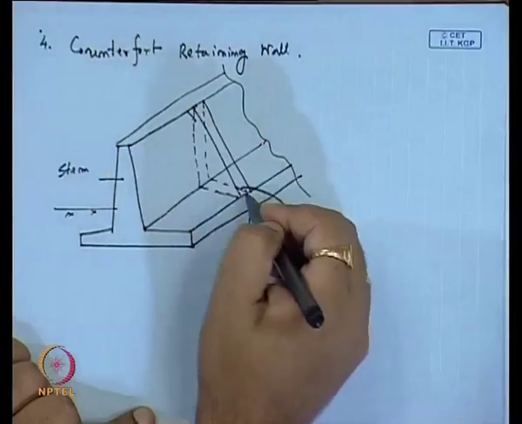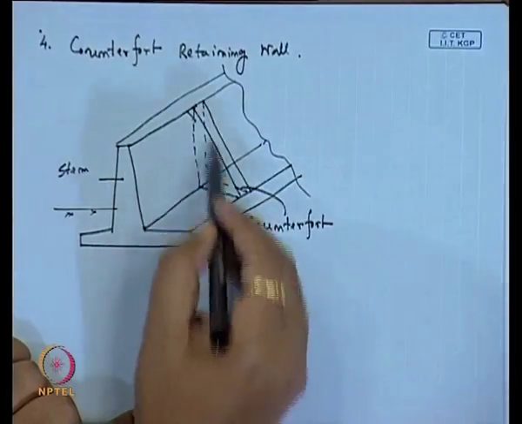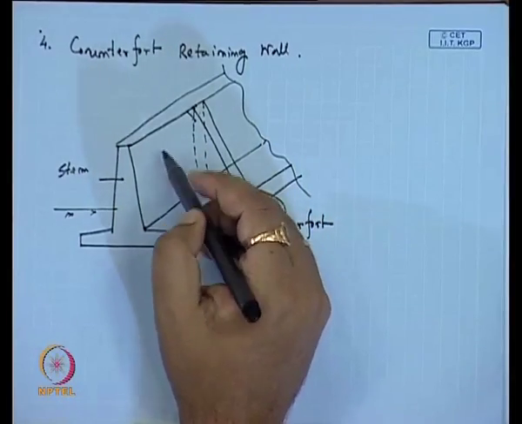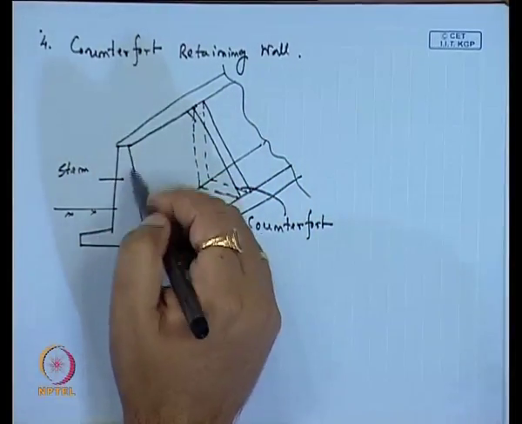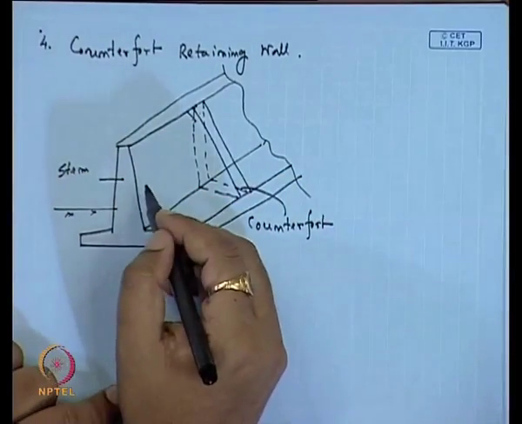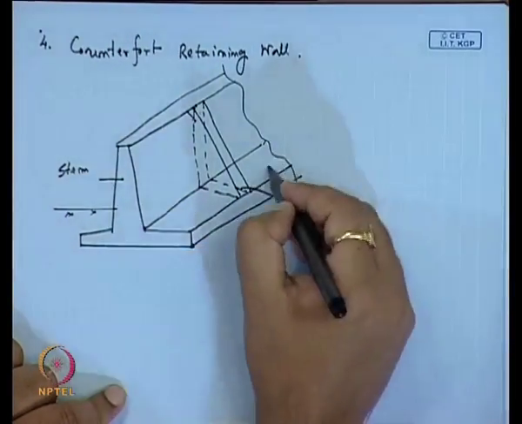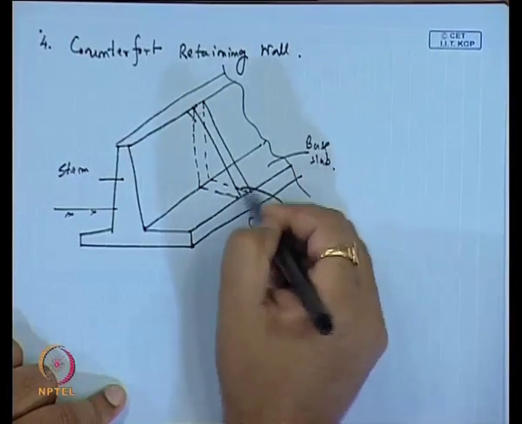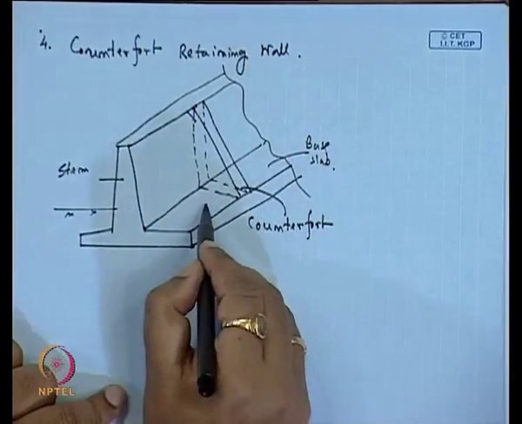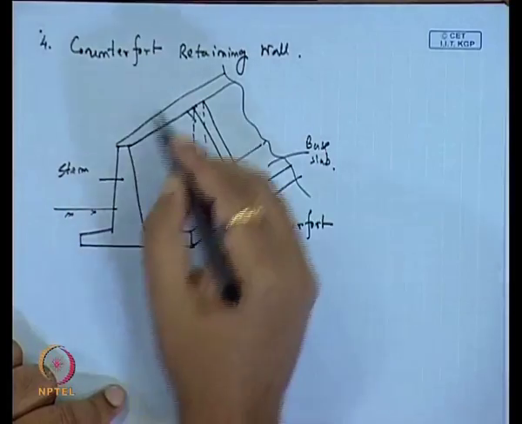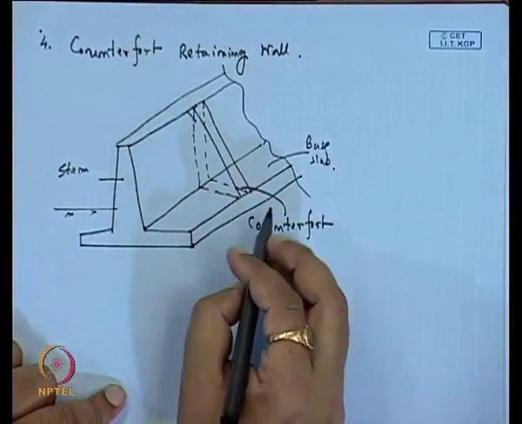These counterforts are used to reduce the shear force and bending moment induced in the vertical stem of the retaining wall and also the base slab. This is the base slab. To reduce the shear force and bending moment of the base slab and the stem, these counterforts are used at certain intervals.